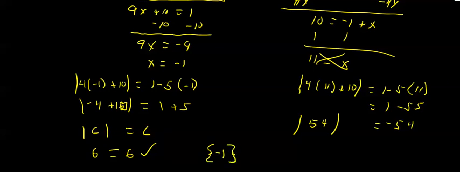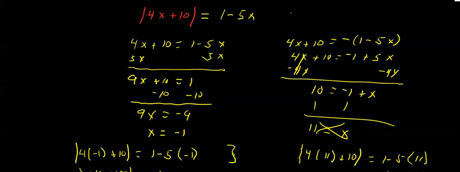All right. I solved this the same way that we did before. The important thing is to remember that when we do the opposite, it's the opposite of whatever is on the other side of the equal sign, 1 minus 5x. So I changed everything.